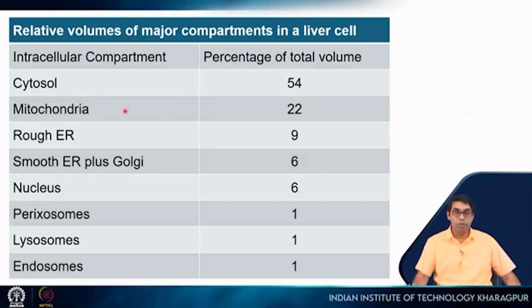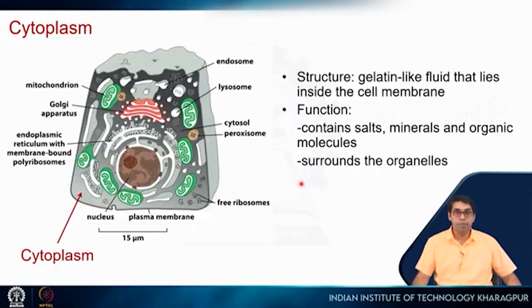Mitochondria is not one, there are multiple mitochondria present, and if you consider their total volume, that will be more than 20% or 1/5 of the cellular volume. Then rough ER, then Golgi bodies, and these are much smaller. The nucleus occupies only 6% of the total cellular volume. So you can imagine the level of compaction that is needed to pack the DNA inside this nucleus.